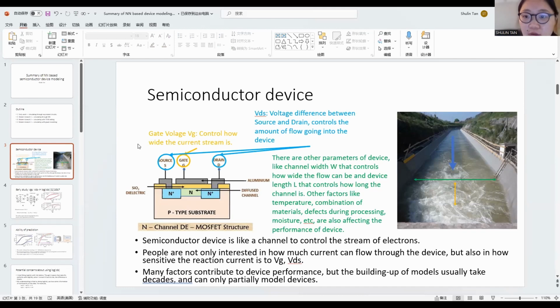Yes, Roger? I was going to ask, when we're talking about the parameters, are you including things like the dielectric thickness, the doping level, things like that? Or is it just the voltage, the gate voltage? I think that's actually worth investigating, but currently the research has mostly been done on the current.